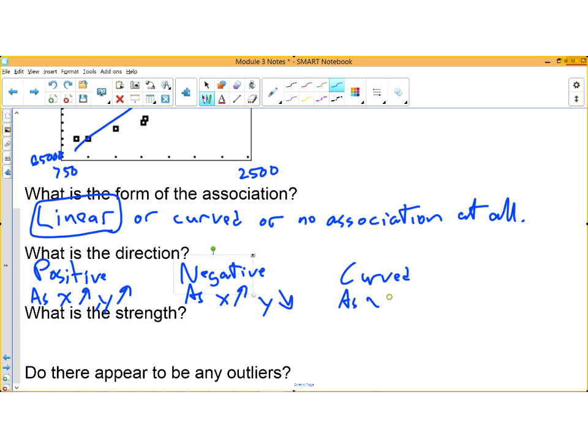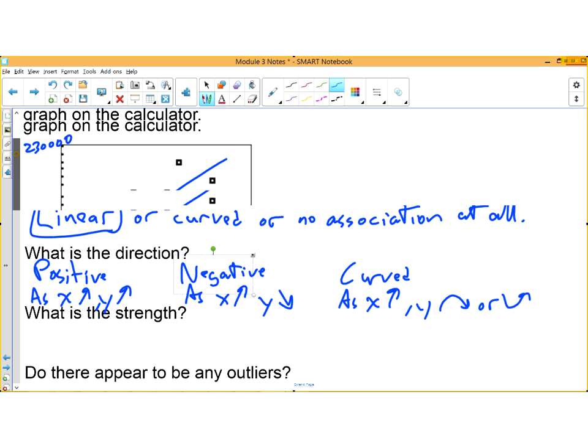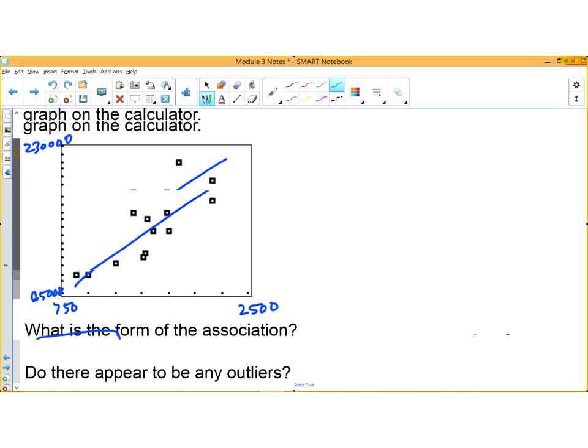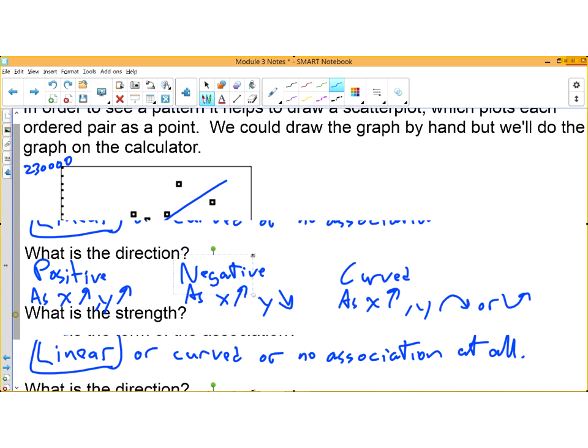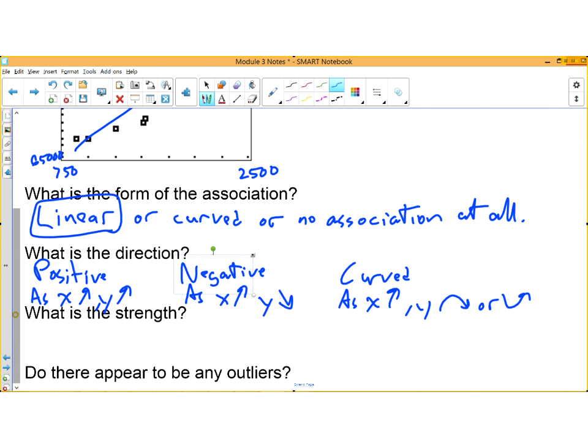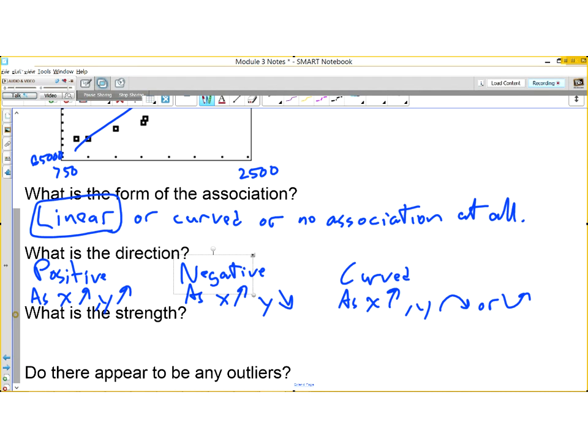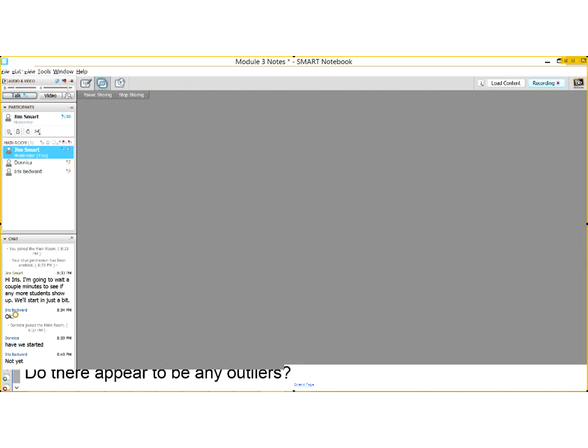And curved means as x goes up, we always think of x as increasing, we always go left to right, y might go up and then down, or down and then up. Okay? And for this particular graph, since you're on the call, the two of you, if you were to pick one of those directions, would you pick positive, negative, or curved?